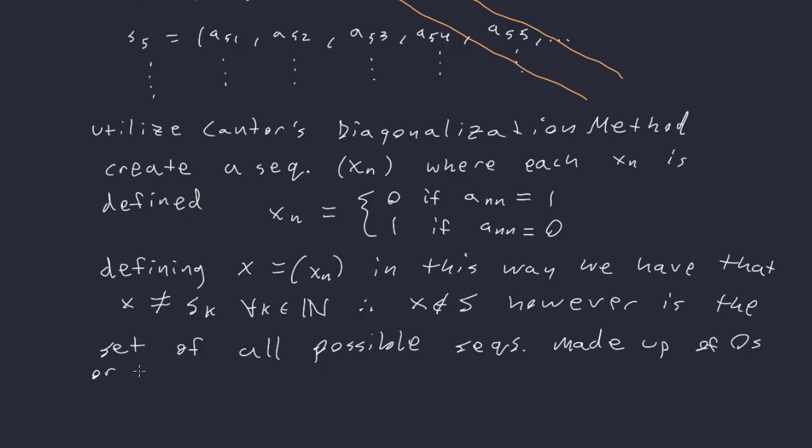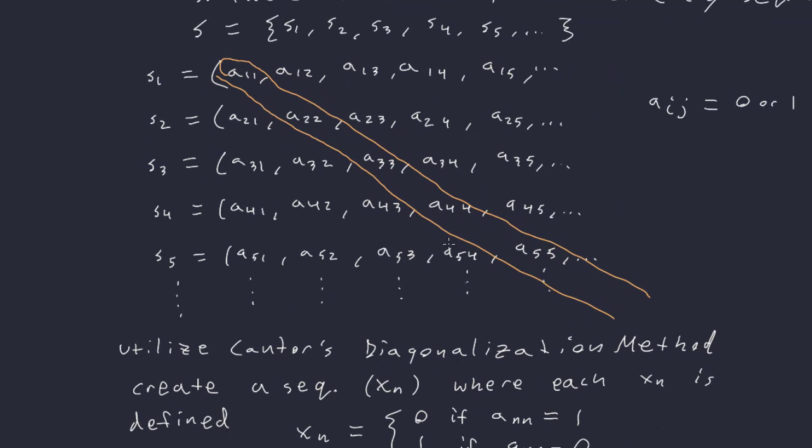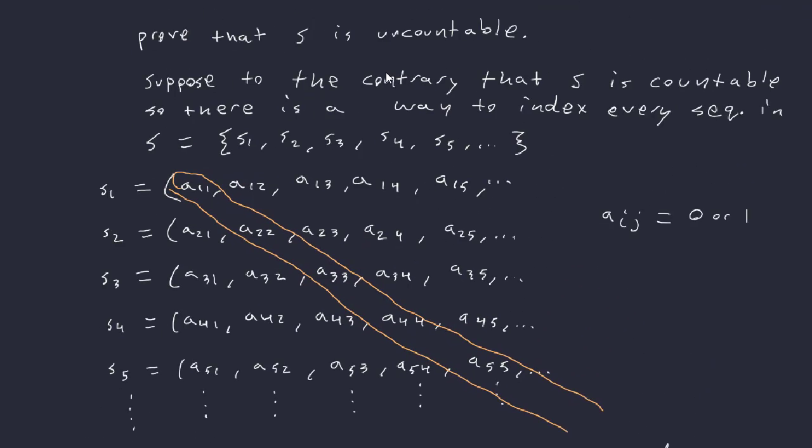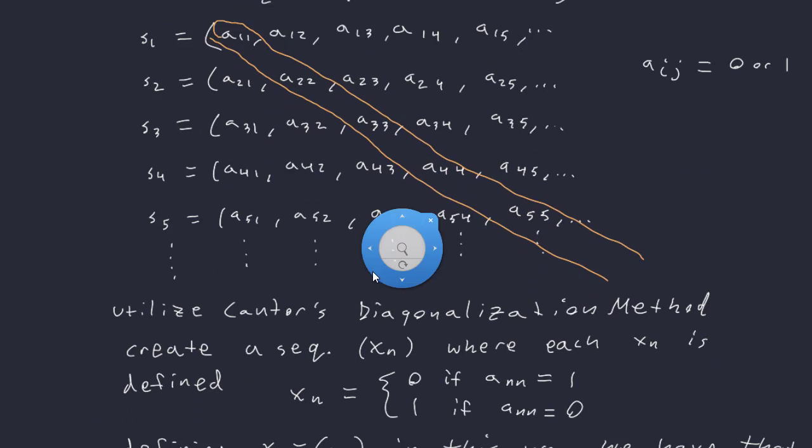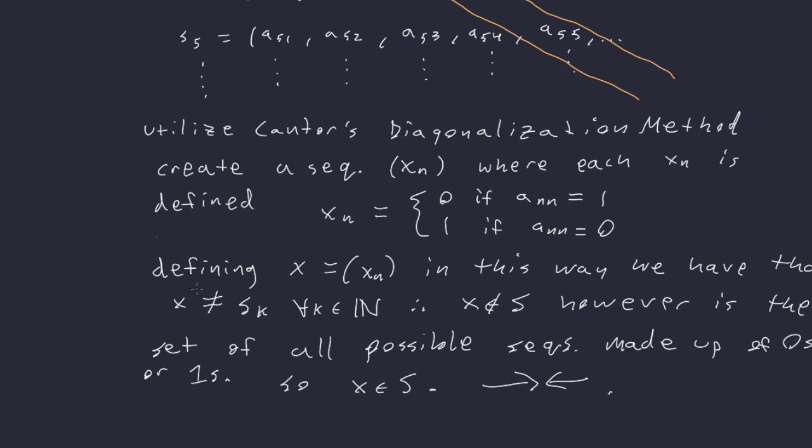So x is in S. And there's our contradiction: if we assume that this set S is countable, we can create an x that does not live inside of it, proving that it's uncountable.